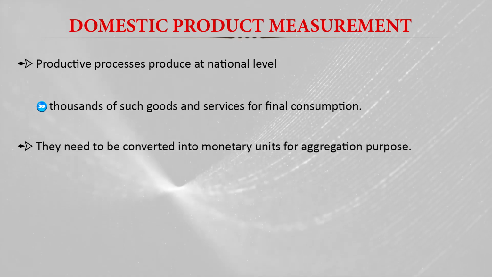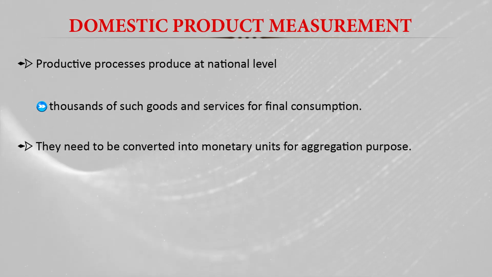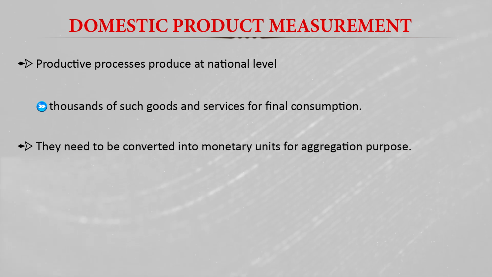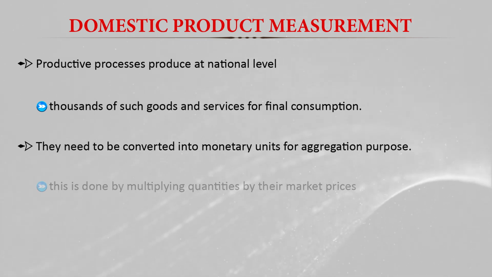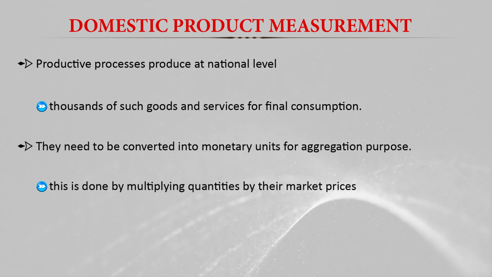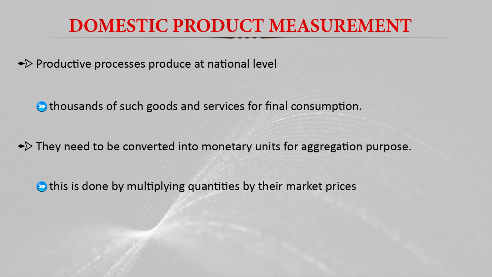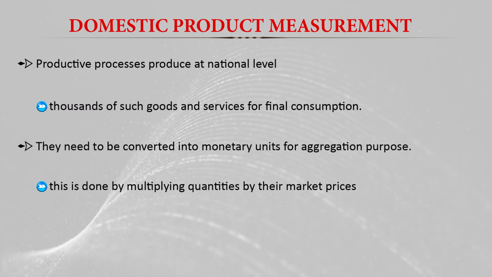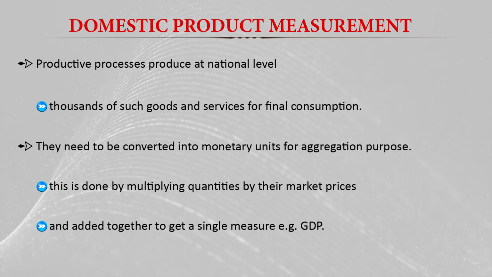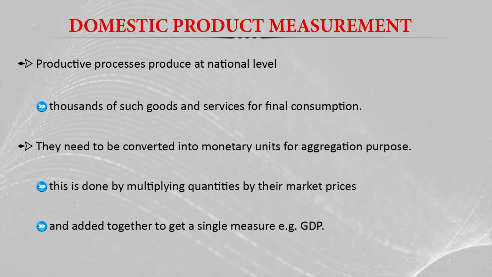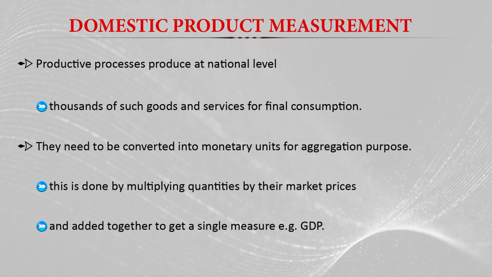So we have the physical production, and now we need to convert it into monetary units for aggregation purposes. This is done by multiplying their quantities by their market prices, and when added together we get a single measure, that is the gross domestic product.